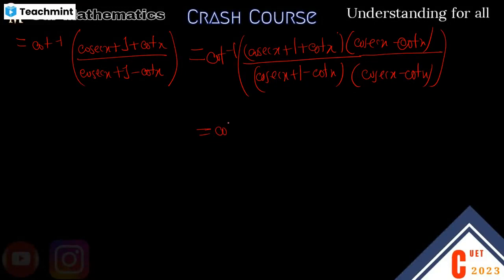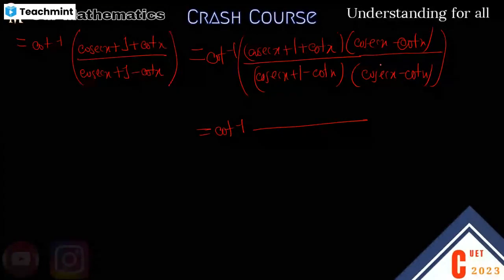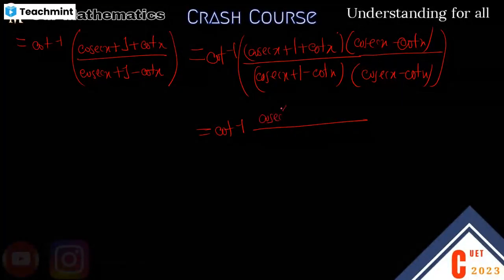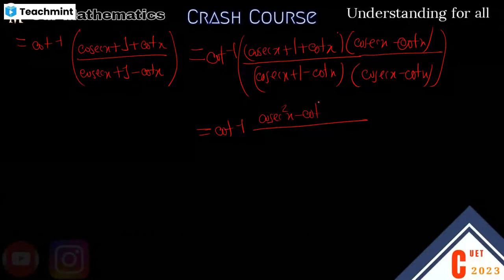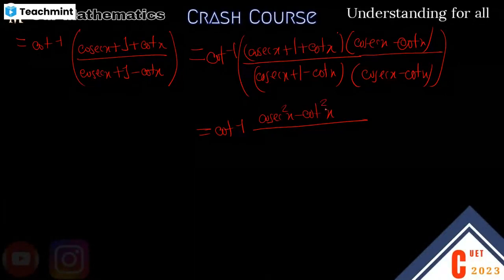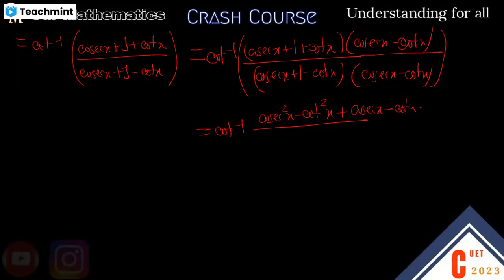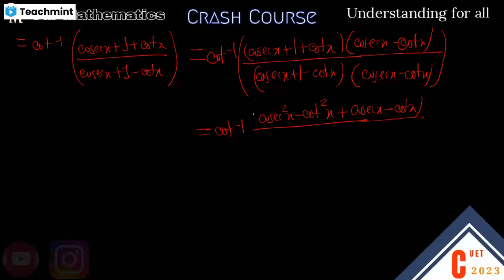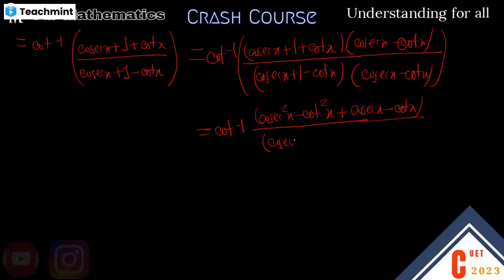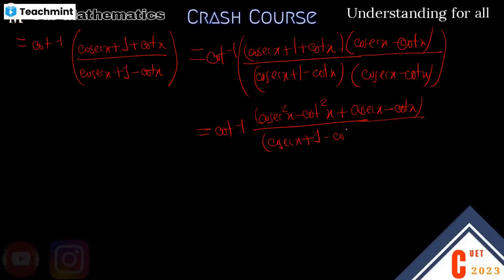Then cosec x plus cot x into cosec x minus cot x will become cosec square x minus cot square x, plus 1 into cosec x minus cot x, and below we will not multiply anything, will leave this as it is.